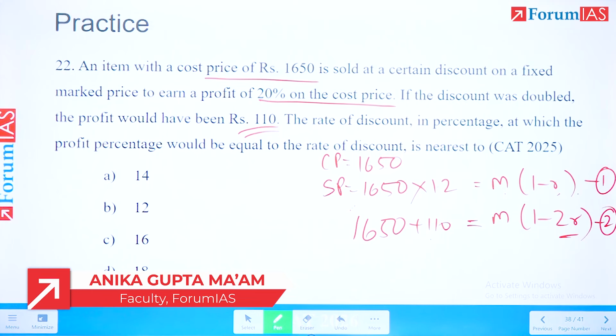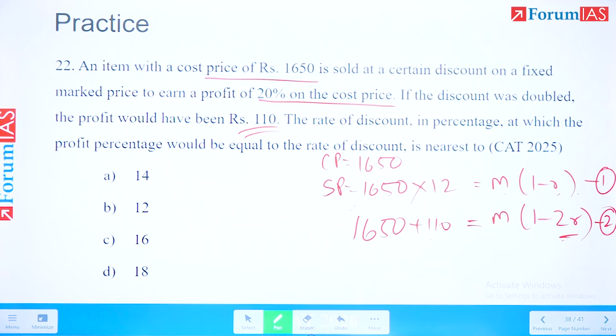Use calculators if you want. In CAT, you get calculators. See. Yeah, it has to be less than 16. 32. Loss. But no. That's like the only option.